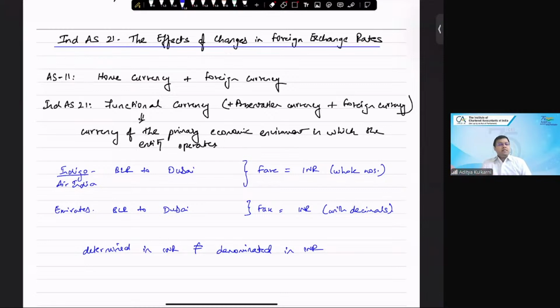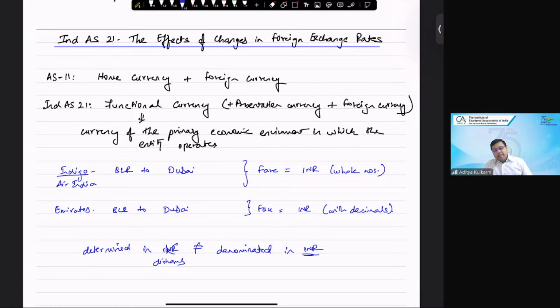Conversion happens using some exchange rate that is applicable. So your screen shows you INR, but the actual pricing is not determined in INR. It is determined in dirhams. So therefore, the primary economic environment is dirhams for this entity.